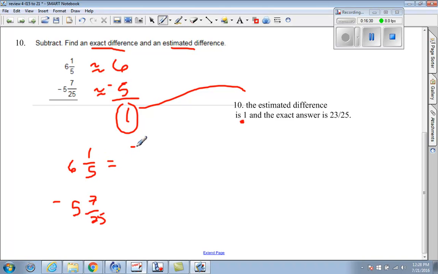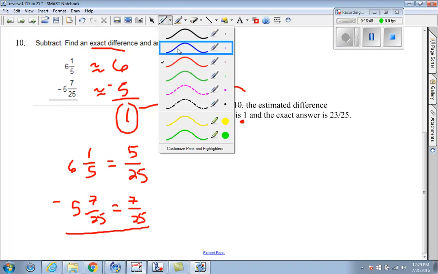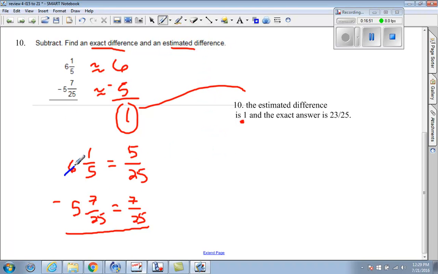So I'm going to convert this little side fraction here into 5/25. And this little side fraction here stays 7/25. It has the LCD. And then I'm going to think about subtracting, but 5 minus 7, 7's bigger than 5, I got to borrow.